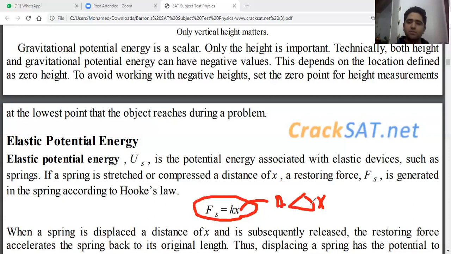Why is the spring exerting a force? It has a natural position, and what you're trying to do is change its natural position. It will try to restore the spring back to its original position. That is why you're going to have a restoring force, and you know how to calculate it: K multiplied by X.